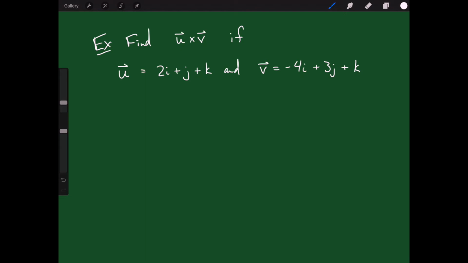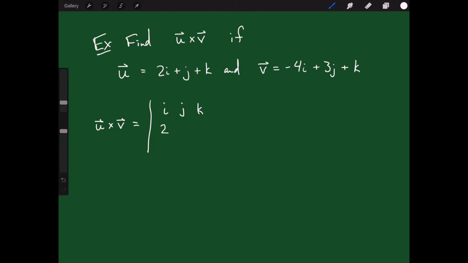All right, so I want to take the cross of those two vectors. So what I do is I set up a 3 by 3 matrix that I want to take the determinant of. So it's the determinant of, the first row is just i, j, k. So just fill that in every time. The second row is u, but you don't put in the i's and the j's and the k's, just the components themselves.